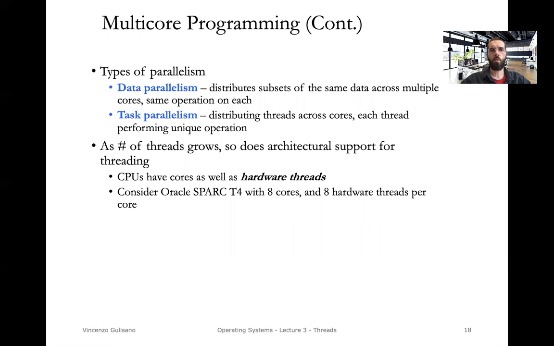Now, when we have parallel execution of multi-threaded processes, we can go in 2 ways, usually. One is to take advantage of multiple threads to perform data parallelism, okay? In this case, we might, for instance, look for an element inside an array, and instead of having one thread that searches the entire array, I have 2 threads, each searching one half of the array.